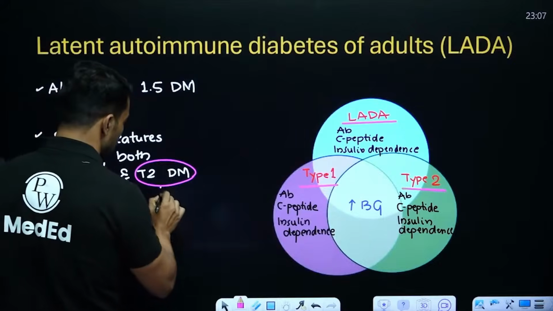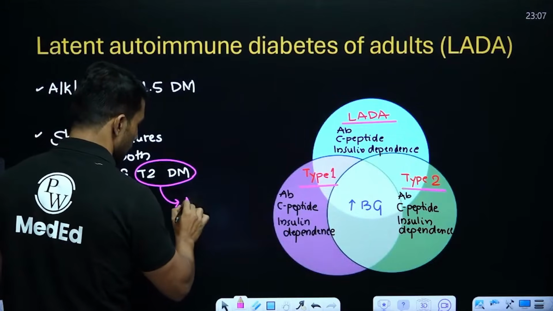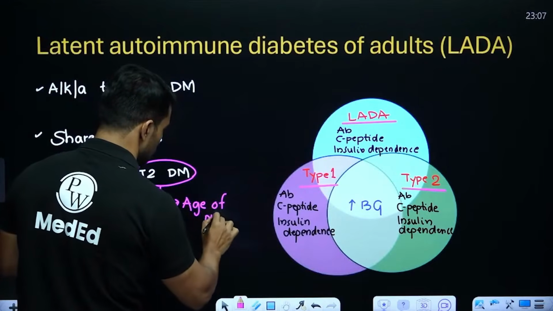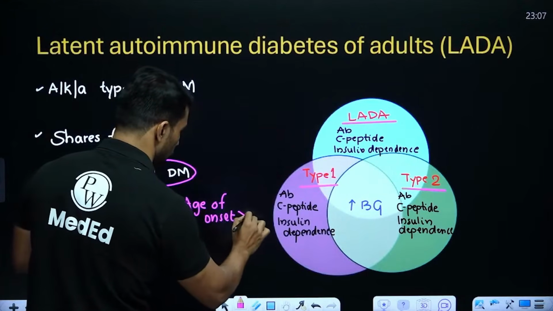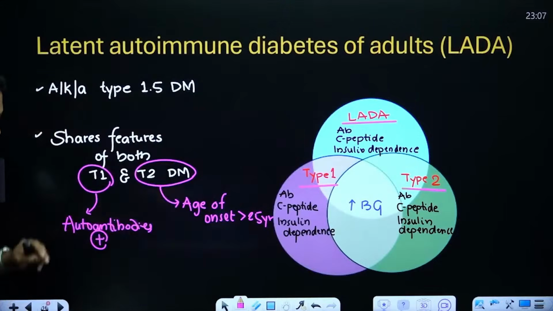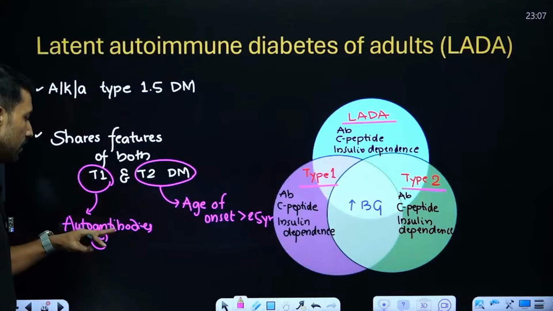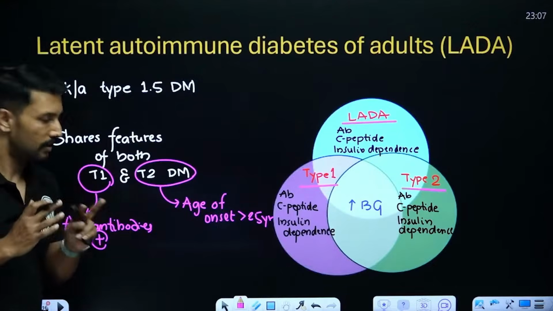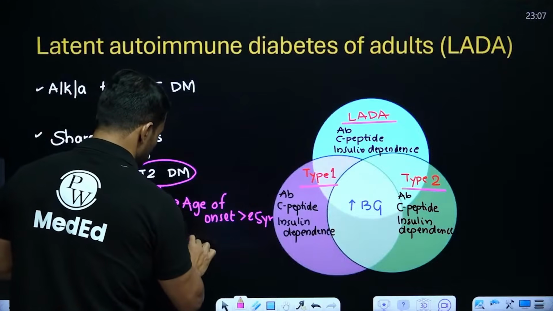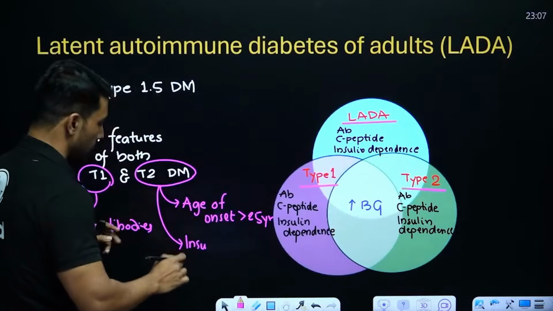Now, in most of these patients, the age of onset is going to be more than 25 years, which is unlike type 1, right? That is the first feature. Second, in case of type 1, the insulin dependency is there right from the beginning.